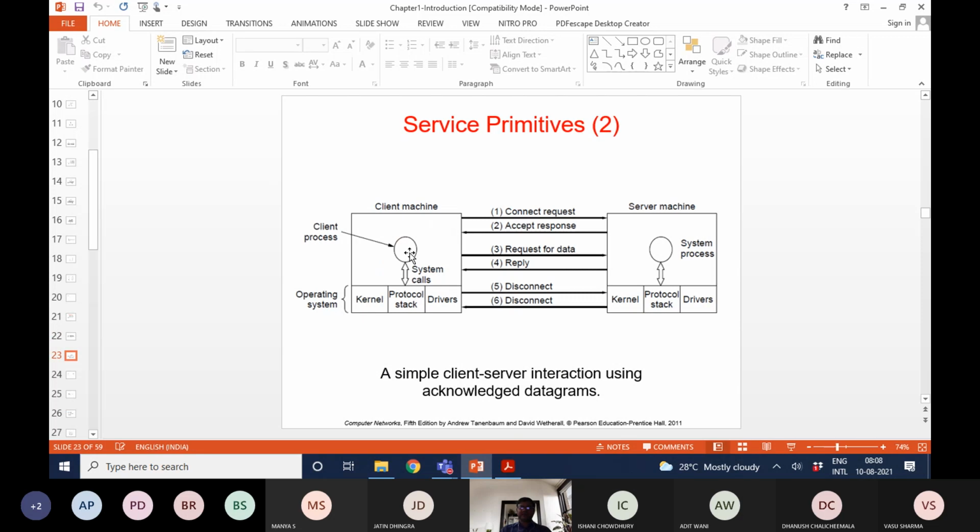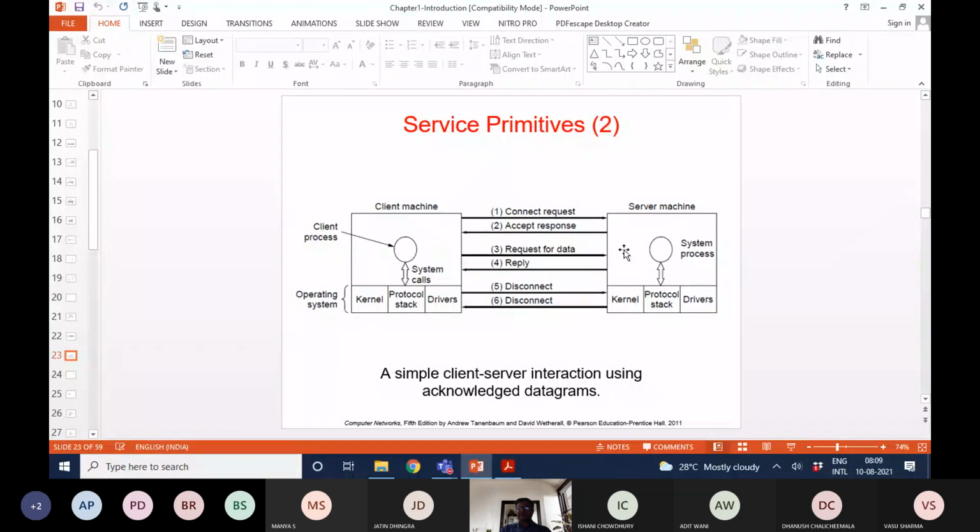So in this way the service primitives work between the client and server machine. This is one example of a client machine where the client process communicates with the protocol stack, kernel and drivers, which as a whole is called the operating system. In the server machine the same concept is there.